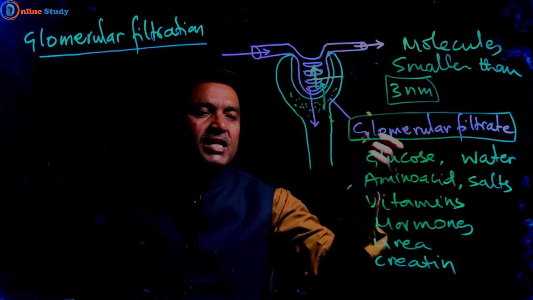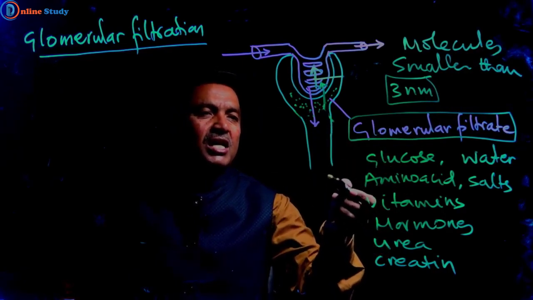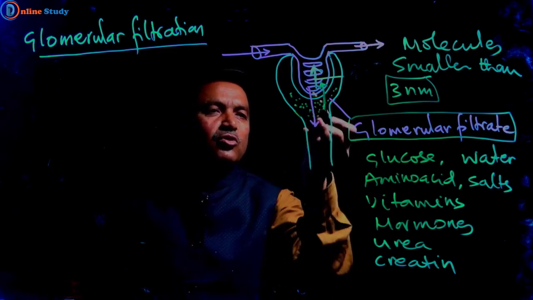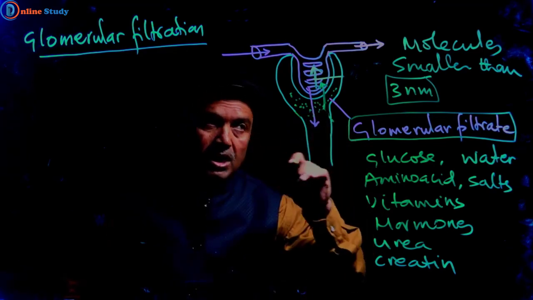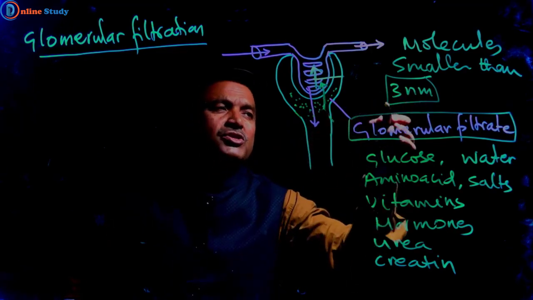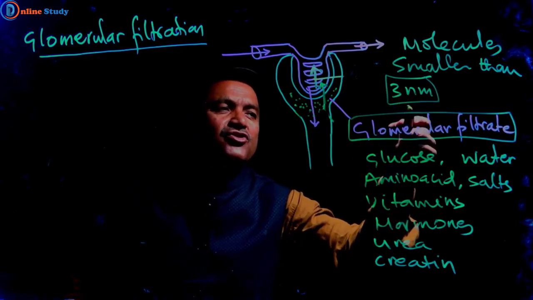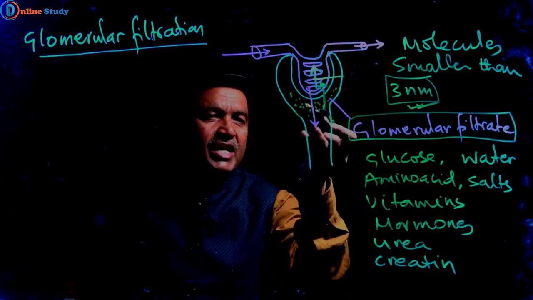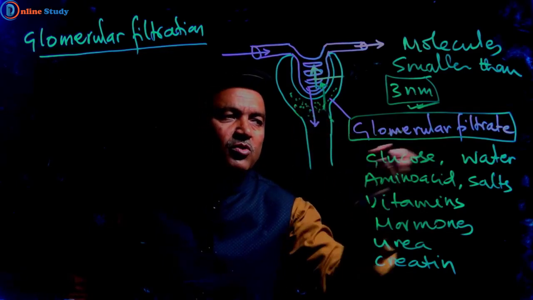So we can say the substance which can filter out through glomerulus, whose molecules are smaller than 3 nanometer. So this is the filtrate, and this filtrate is called glomerular filtrate.